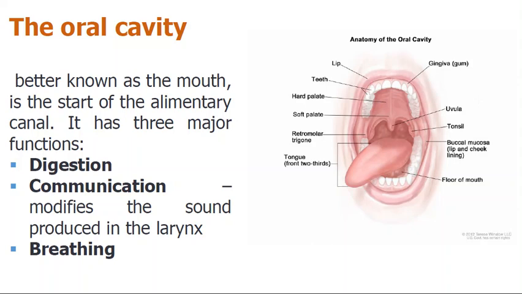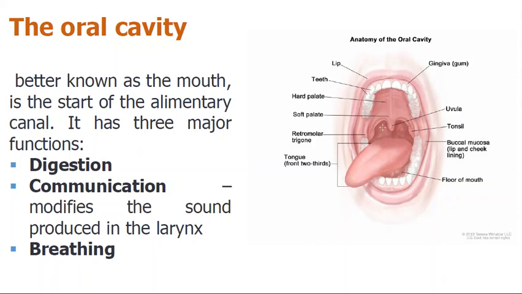And also the third function could be an alternative way of breathing when there is, for example, a problem with the nose. The person can use the oral cavity as a way to aspirate or even to expel the air from the lungs.